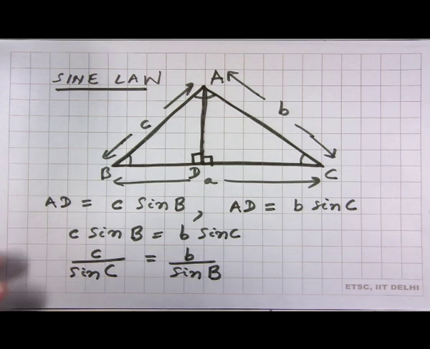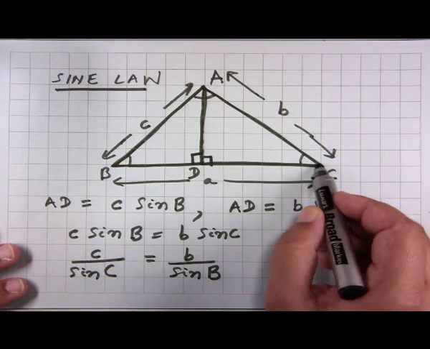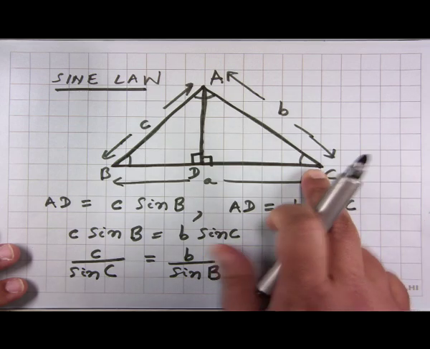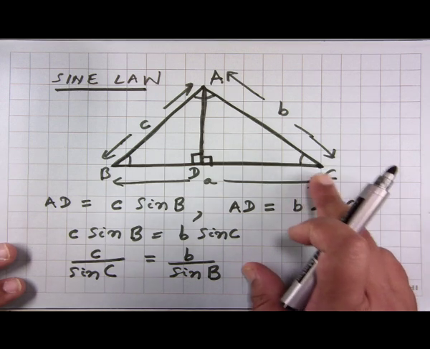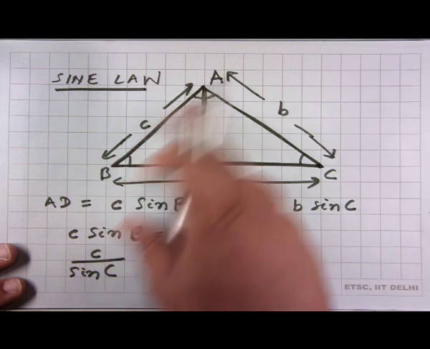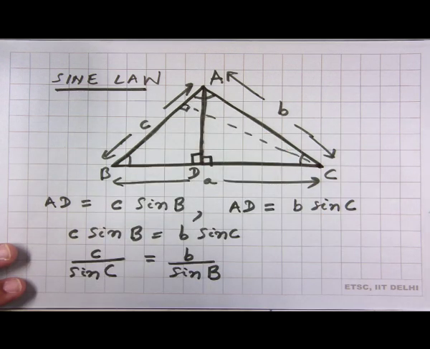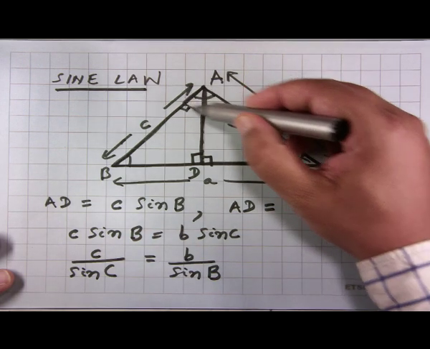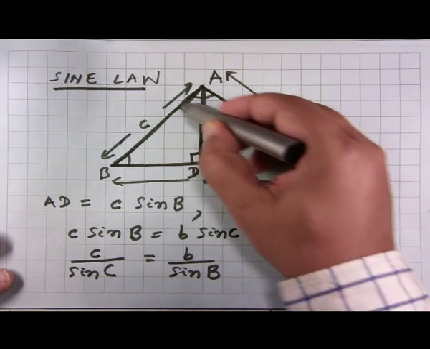In a similar manner, if we drop a perpendicular from the vertex C onto the side AB, say this is the perpendicular here, then by repeating similar arguments, we have to take this right angle triangle, and then the other right angle triangle, which is this.